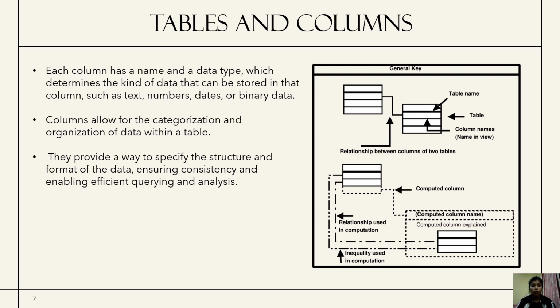Each column has a data type, and what kind of data type it is is also specified. A column is an organization and categorization of data within a table. They provide a specific structure and format for the data, ensuring consistency and enabling efficient query and analysis. You can make this out from the diagram given here.